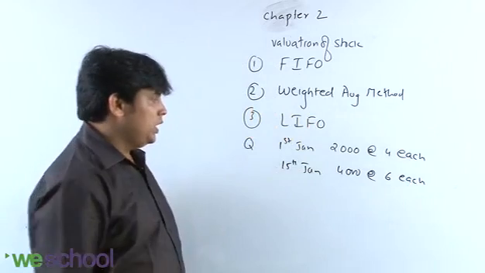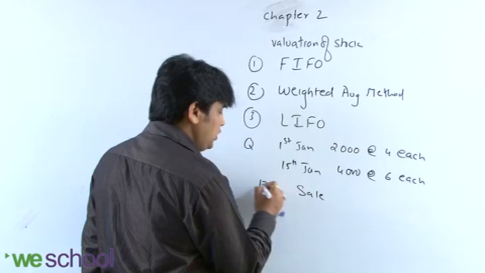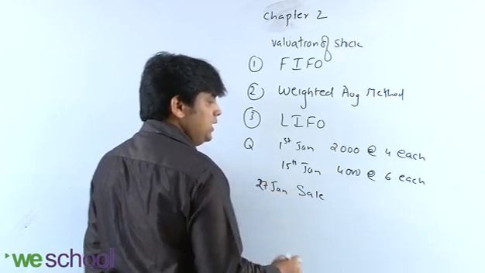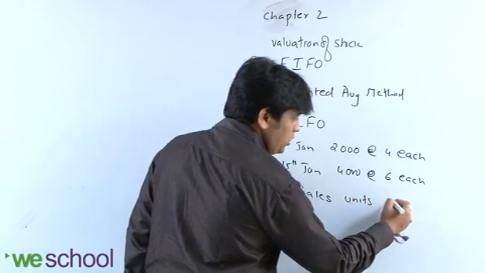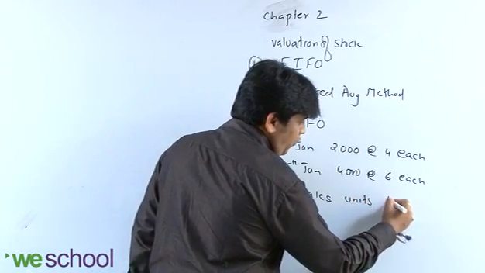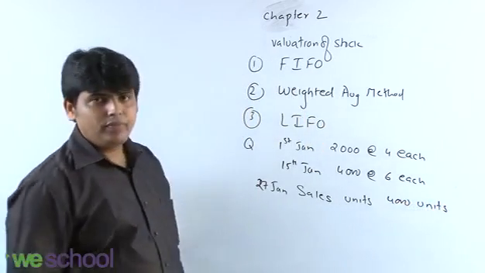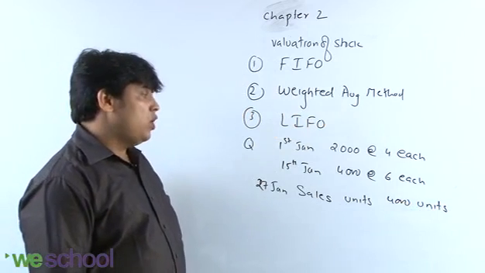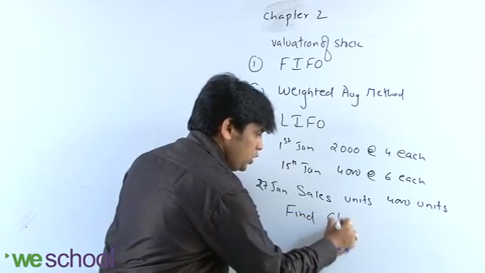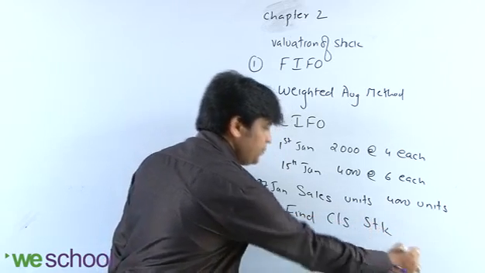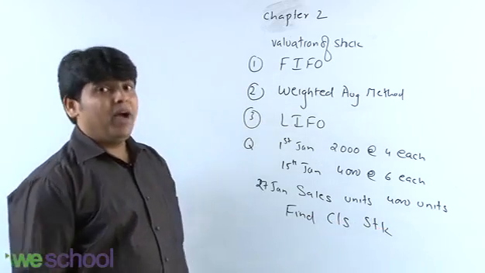Then a sale on 27th January: goods sold, the sales units are 4000 units. Find the closing stock.